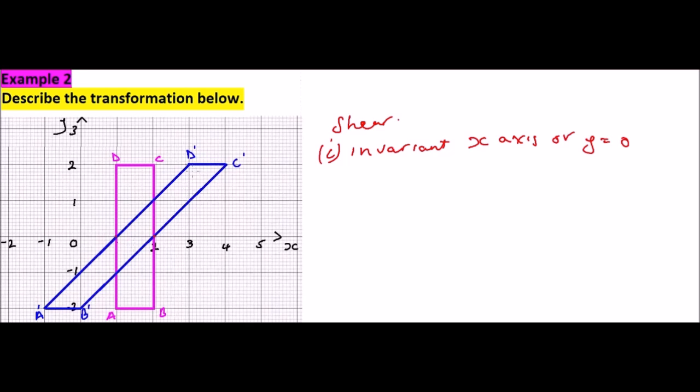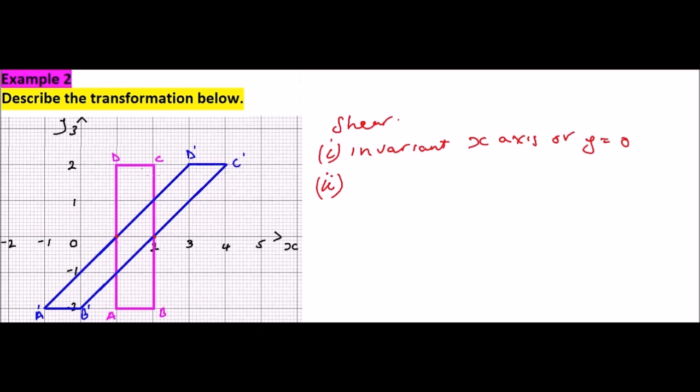You can see we have said that those lines which are not parallel to the invariant line meet with their object line at the invariant line. So you can see AD, which is the object, meets with AD prime at the invariant line. The same has happened to AB and A prime B prime, which meet at the invariant line. Then step 2 to describe the transformation is to pick one point which has been moved.